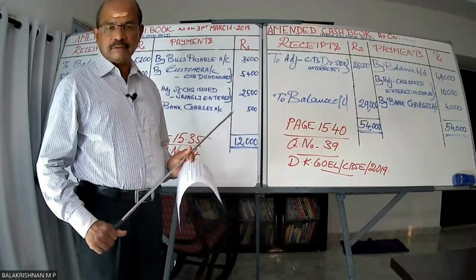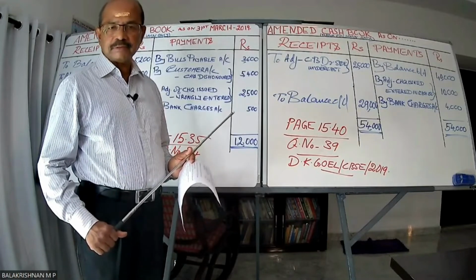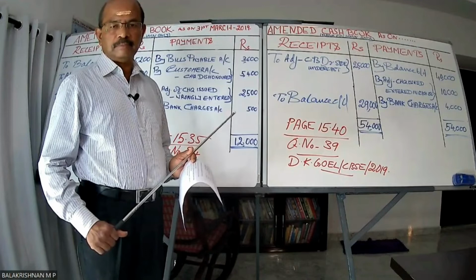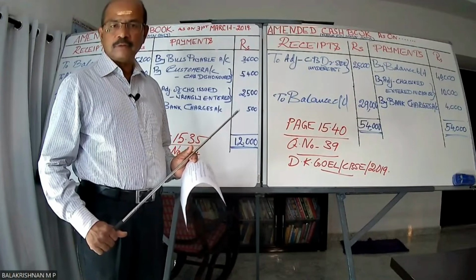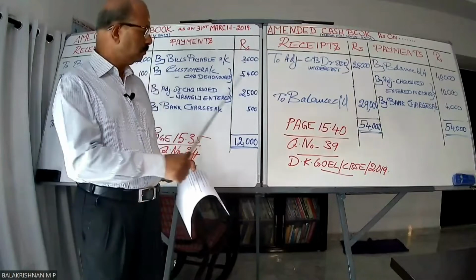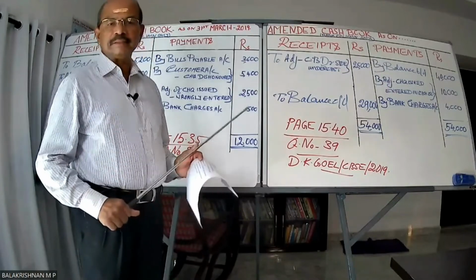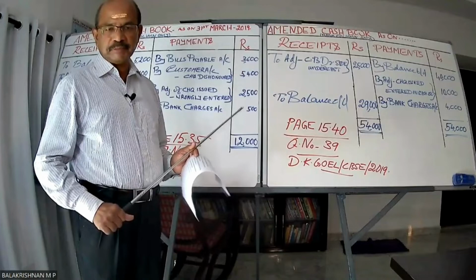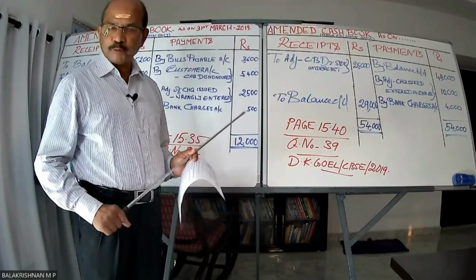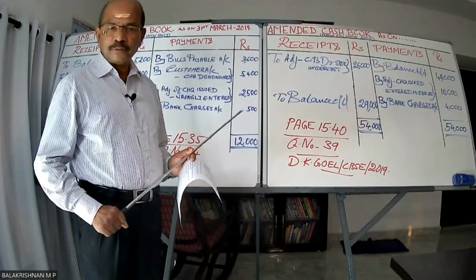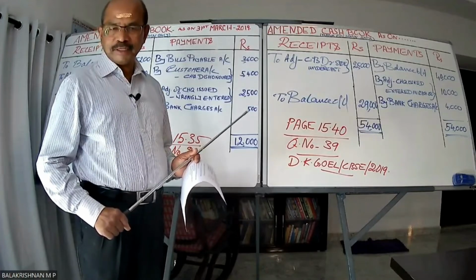And as told already, 3 items of each sum I am sharing now. Please don't miss them. What are the three items? 1. The question, properly typed out. 2. This very amended cash book. 3. The bank reconciliation statement prepared. I am not explaining the bank reconciliation statement because I am sure by this time you are able to work it out, as hardly 2 or 3 entries will be there.